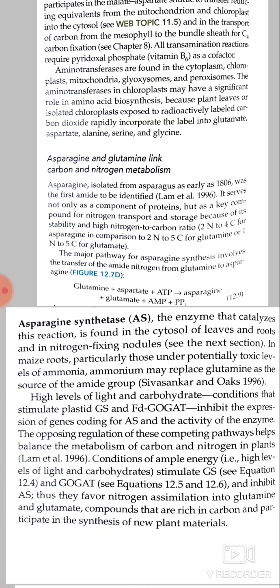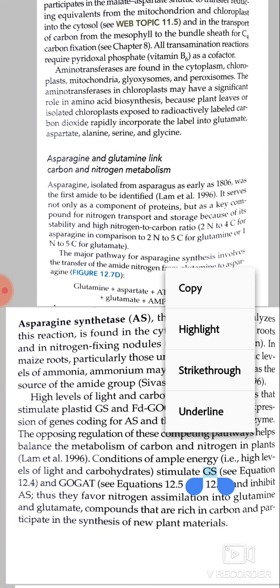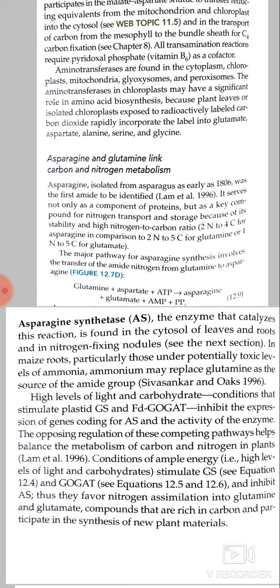Asparagine synthetase, the enzyme that catalyzes the reaction, is found in the cytosol of leaves and roots and in nitrogen fixing nodules. In maize roots, particularly those under potentially toxic levels of ammonium, ammonium may replace glutamine as the source of the amide group.